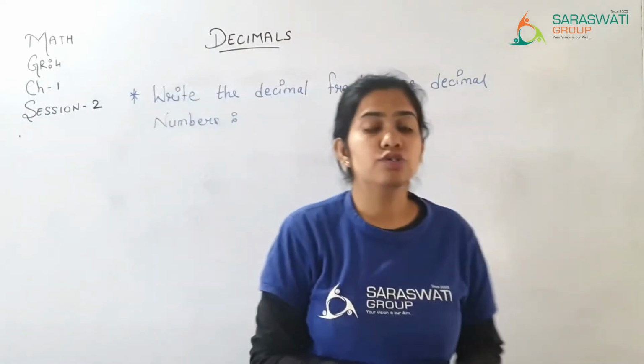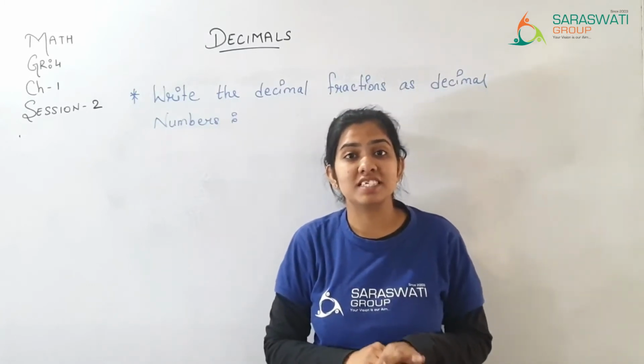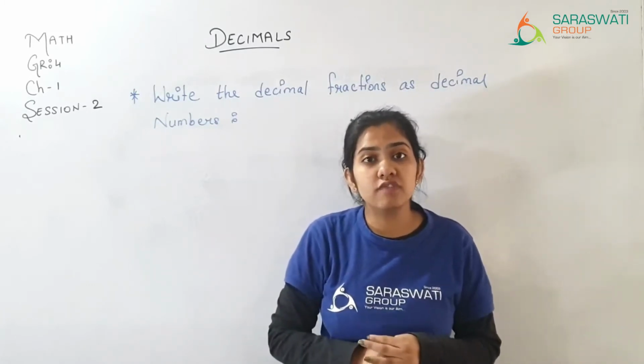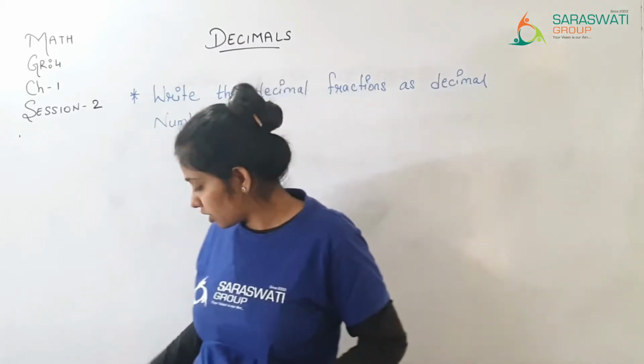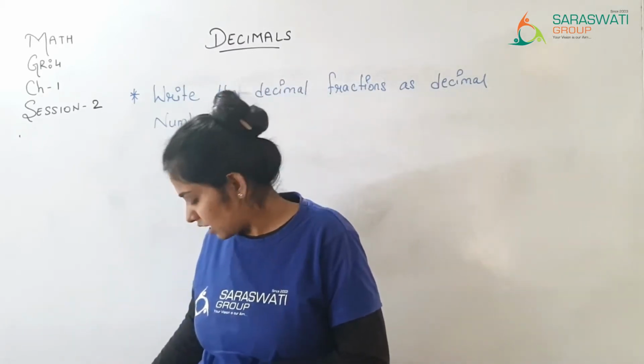You are supposed to write the decimal fractions as decimal numbers. So how will you write them? I told you in the previous session as well.